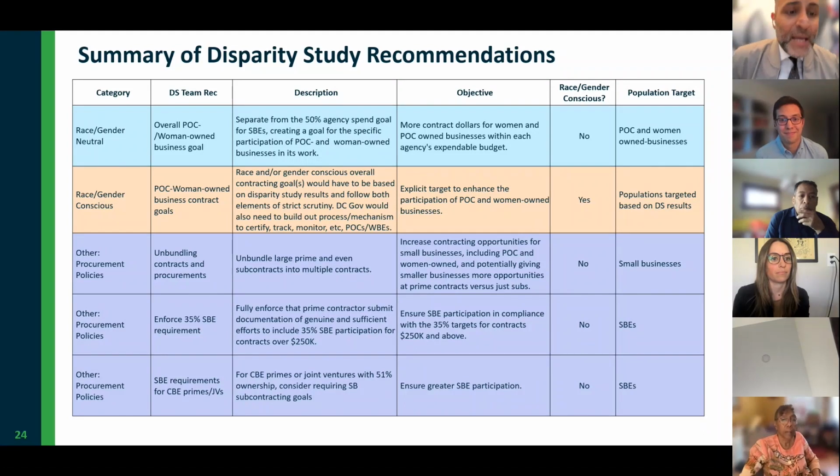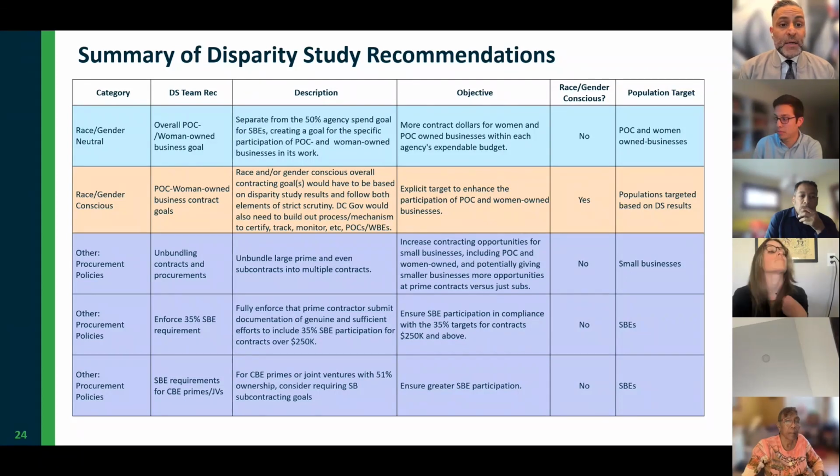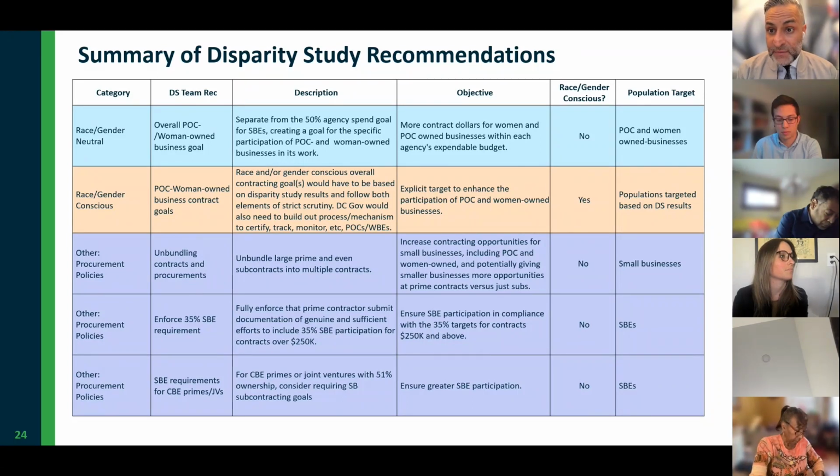So first, we think it's important that DC government establish an overall POC and woman-owned business goal to help define its program and help establish aspirational objectives for various program measures that it might use to encourage participation of POC and woman-owned businesses in its work in particular.